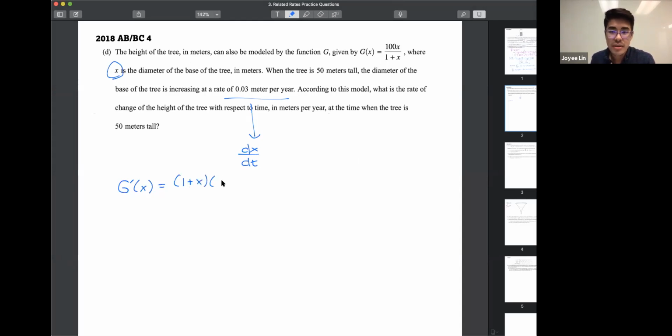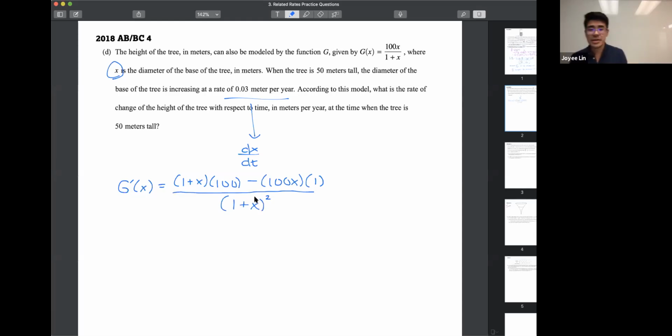Low d high minus high d low, derivative of 1 plus x is x, all over square of what's below. Is everybody satisfied with how I took the derivative? No complaints?